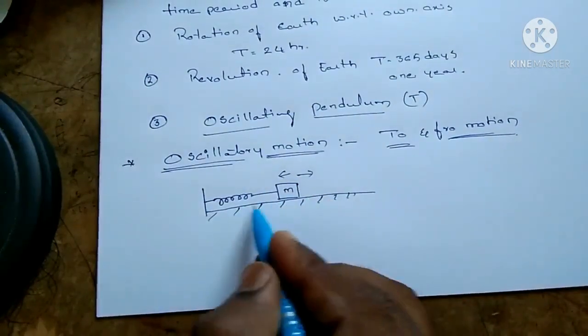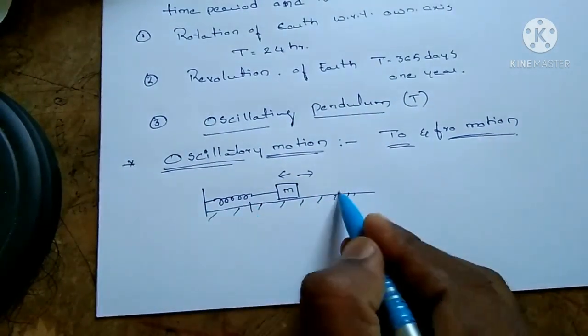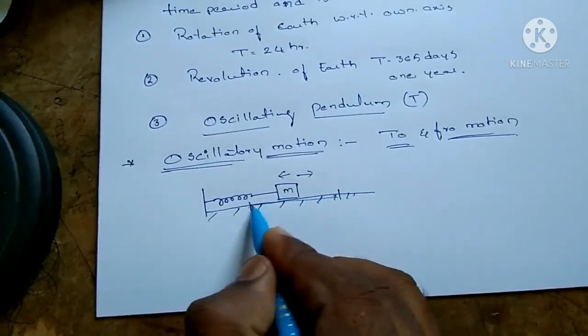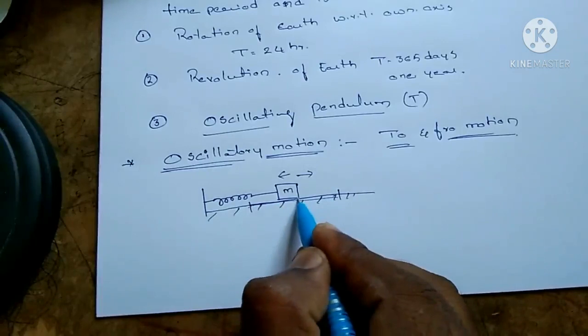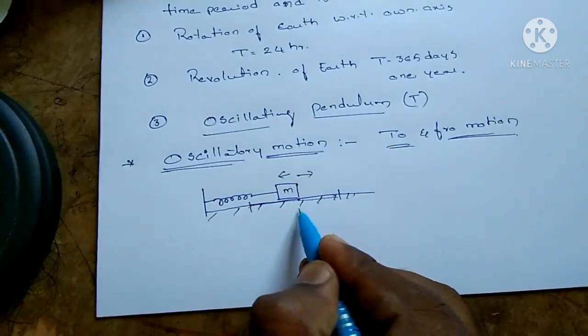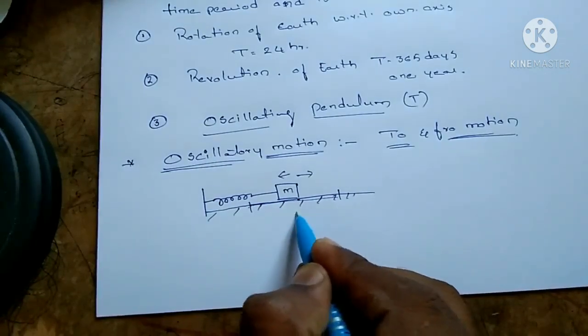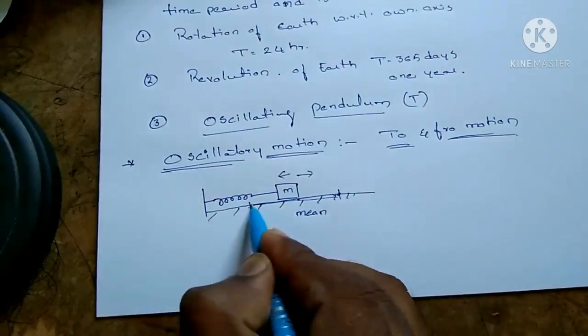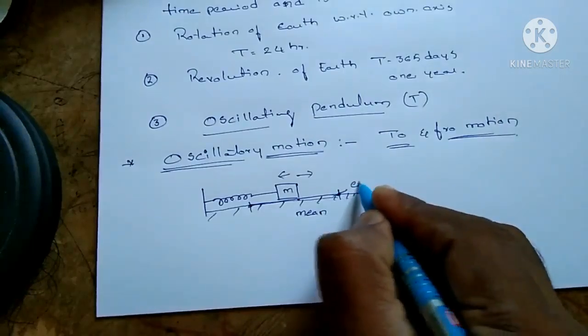It starts oscillating between certain 2 points. It will move to and fro with respect to a certain point, which I will call the mean point, and the 2 points it reaches on either side we'll call extreme points.